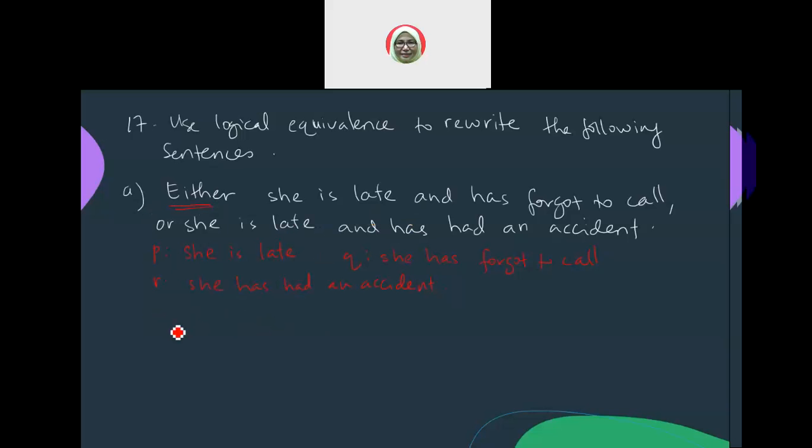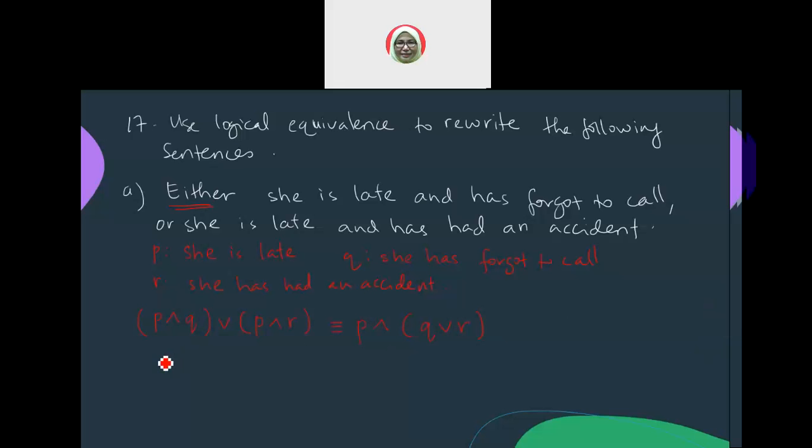She is late P and has forgot to call Q, put bracket, either or, she is late P and she has had an accident R. So this statement is equivalent to, can you see this P and this P, you can simplify to P and, open bracket, Q or R, P and (Q or R).